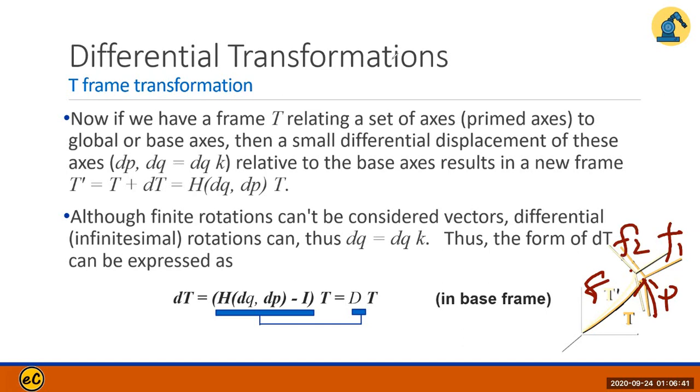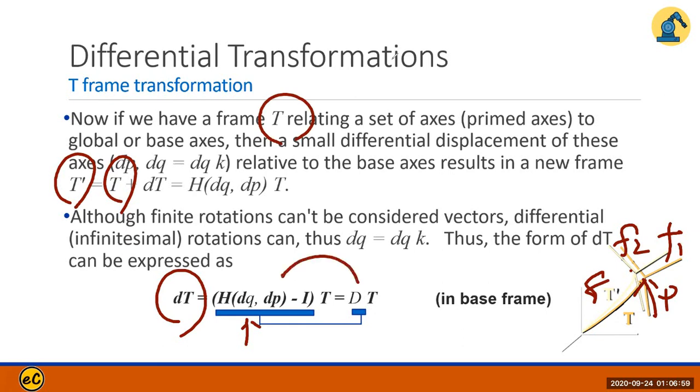Using the new frame minus the old frame, that will be the delta frame, the change of the frame. And this T is the frame location. So it will be the H frame minus the identity matrix, times T. The delta frame is formulated like this.